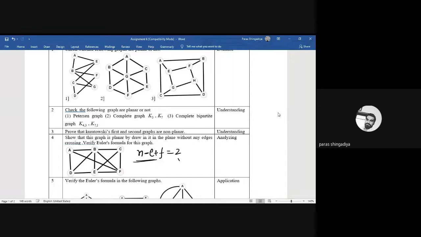That should be 2, clear. So that is verification of the Euler formula, and any planar graph will always satisfy Euler. If the graph is planar, then the formula will always work.